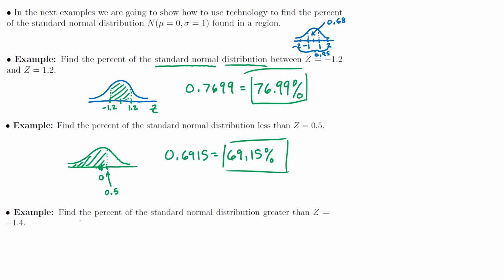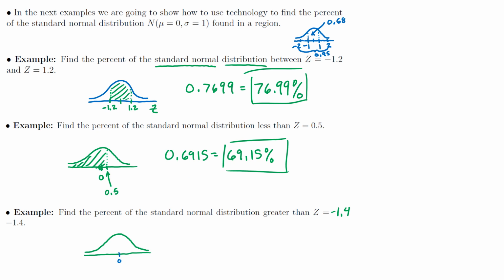All right, and then this last example, find the percent of the standard normal distribution greater than z equals -1.4. So again, here's the curve. Here's 0.